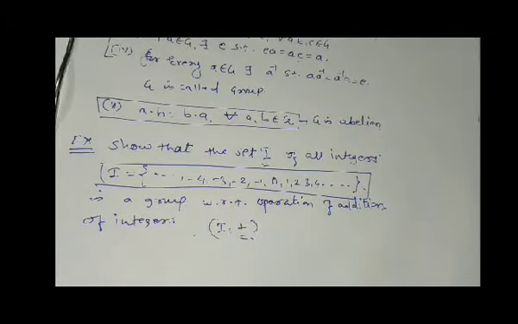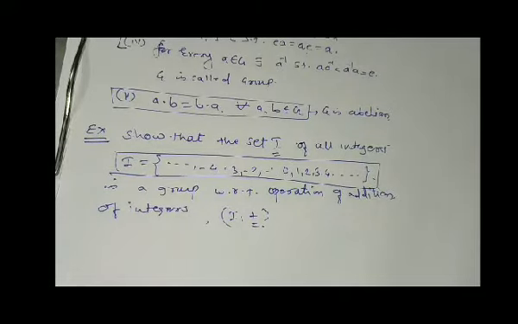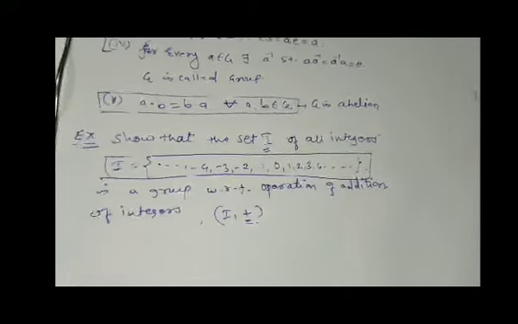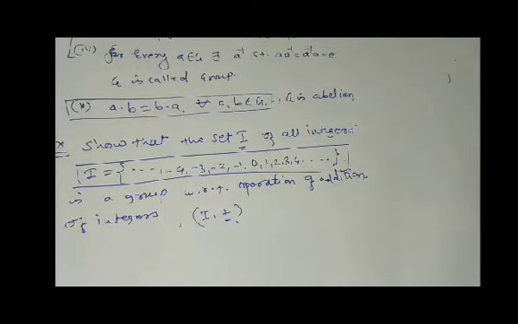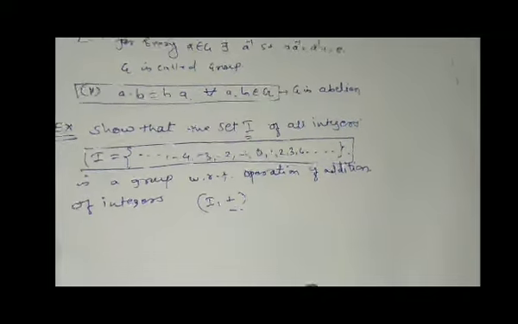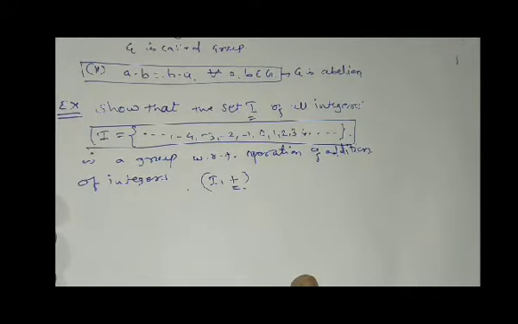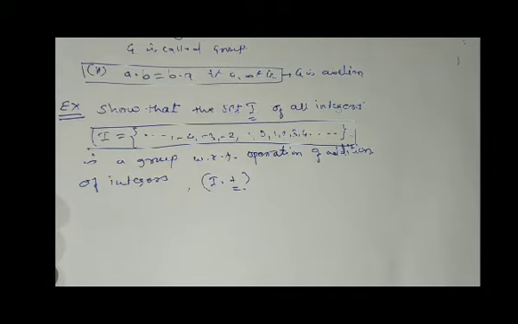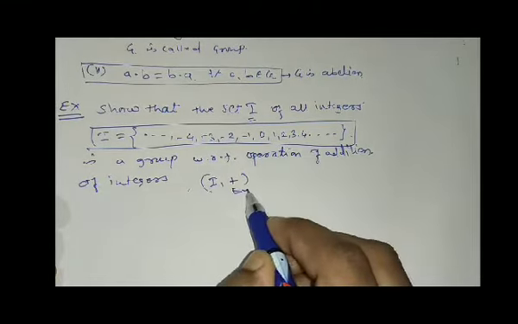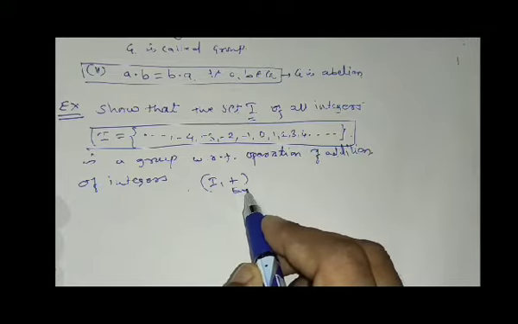So we know that if the set G is a group, then it has to satisfy some postulates, and we already know these postulates. So I suggest you please pause this video and try to show that the set of integers with respect to addition is a group.